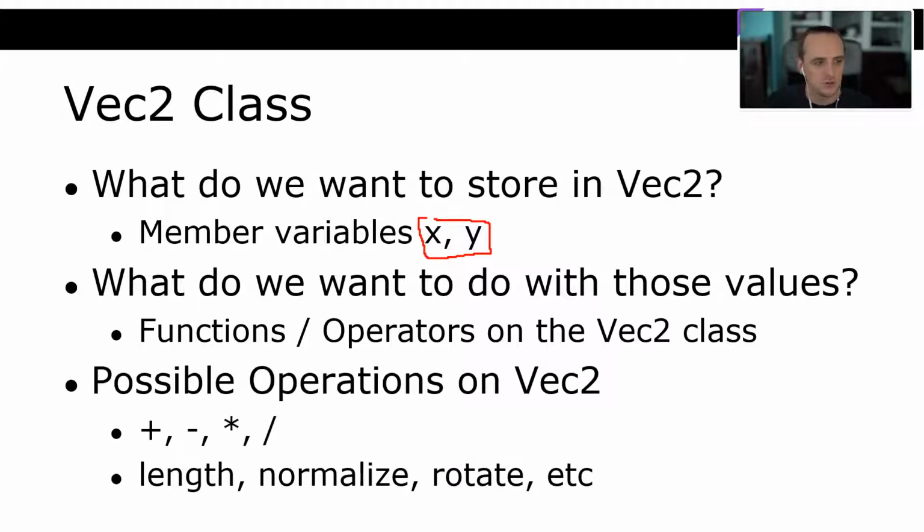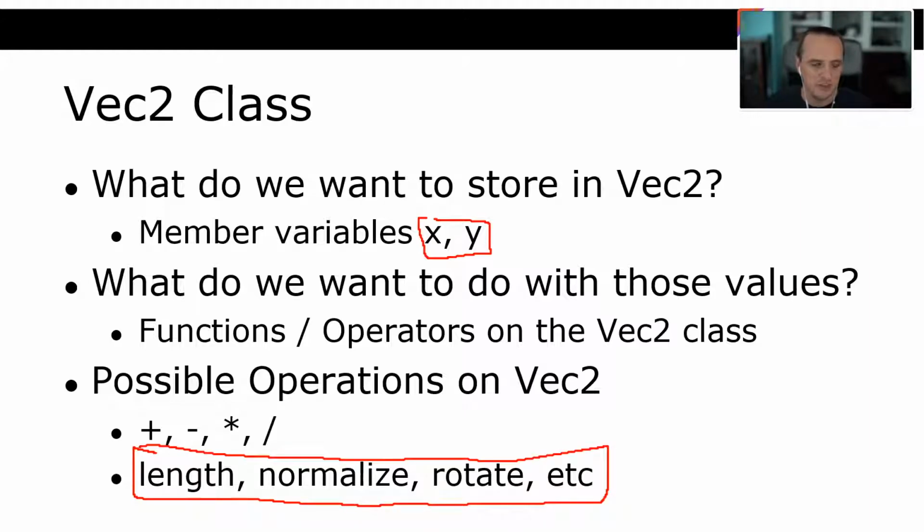What those will allow us to do is really easily access those variables and do operations on those variables, which we will need to do very, very frequently. So basic things like add vectors, subtract them, multiply, divide. We can take the length of vectors, we can normalize them, we can rotate them, etc. When we start to get into these types of operations, these operations are not necessarily there on the SF Vec2 class, okay?